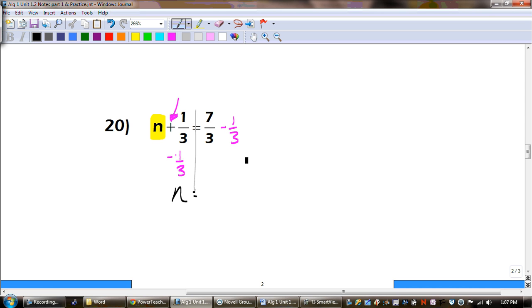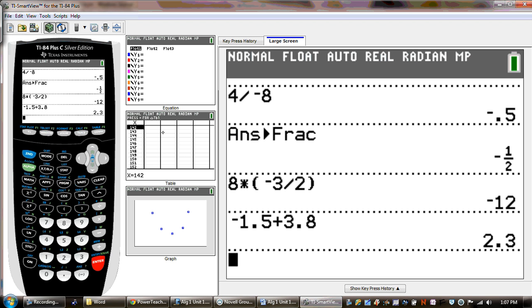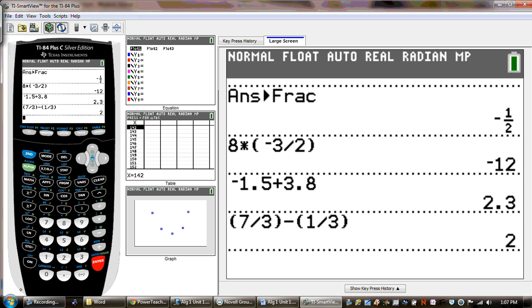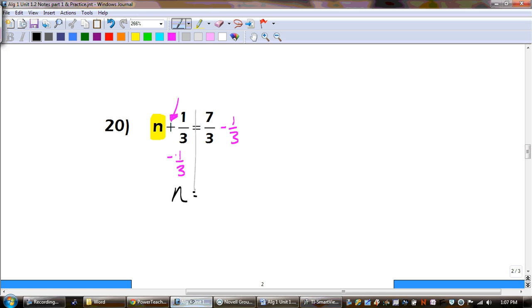Now, if you're really good with fractions, you can solve it that way. That's fine. But I'm going to show you how to solve it in your calculator. Anytime you're working with fractions, we're going to put them inside parentheses, and we have 7/3 minus 1/3. All right, and then we get our answer of 2.